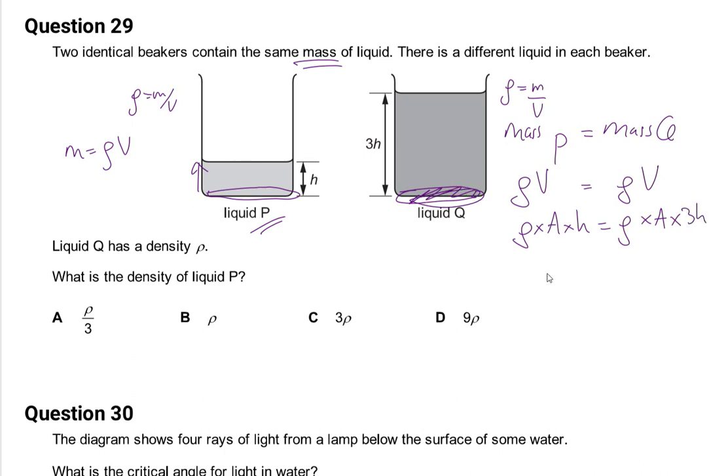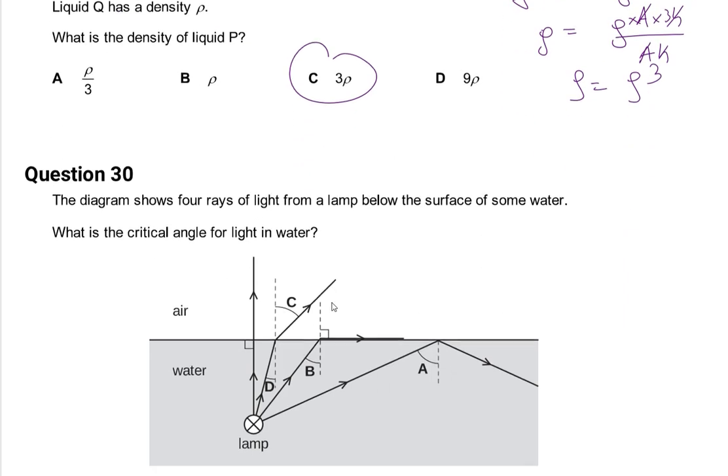Now I'm looking for this one, the rho for P over the rho for Q. That is A times 3h divided by A h. This cancels out, this cancels out, so this would be 3. So the answer is going to be C. Be careful here because we're dealing with rho. The density for P is going to be 3 times that of the density of Q.